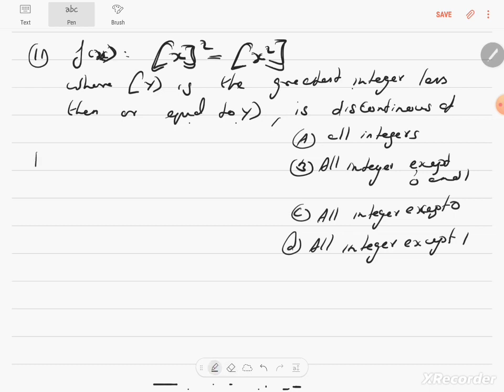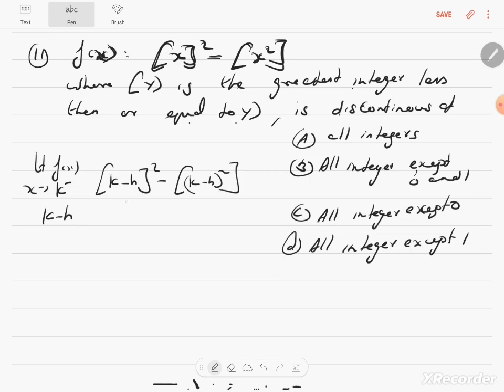So then the limit of f(x), x approaching k from the left, where k is an integer value, you can write x as k minus h. So then this becomes the greatest integer function of (k minus h) the whole square minus the greatest integer function of (k minus h square).